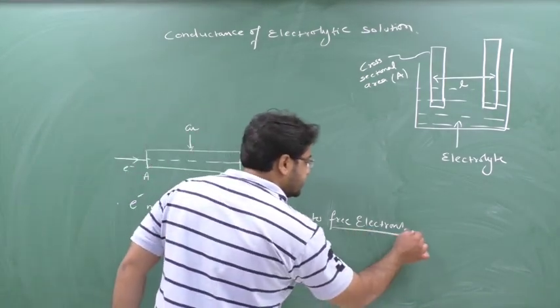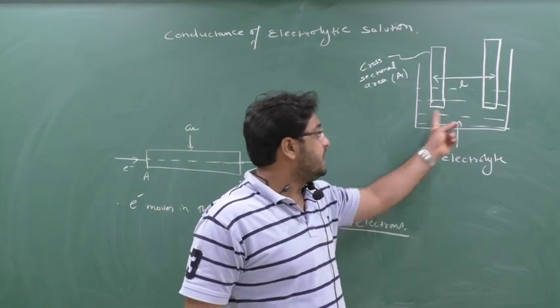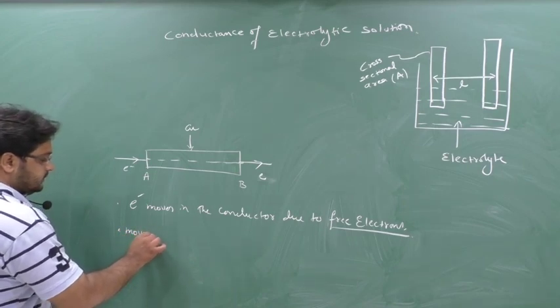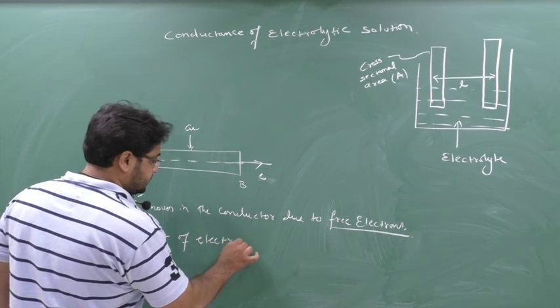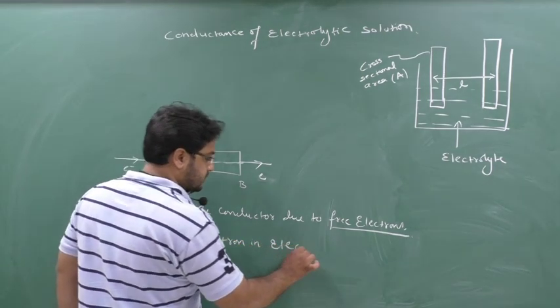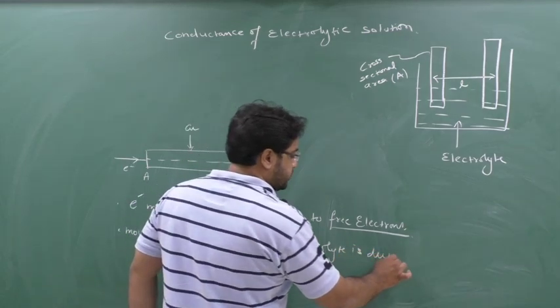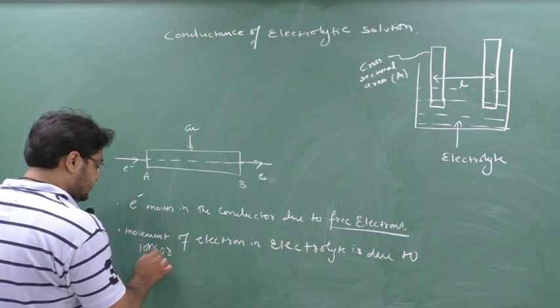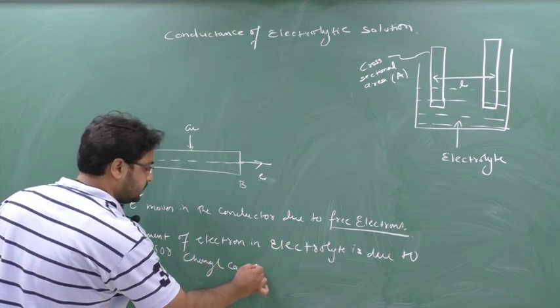So the movement of electron in the metal, or in the conductor, is due to free electrons. Similarly, the movement of electron in the electrolyte is due to ions, or we can say charge carriers. Clear?